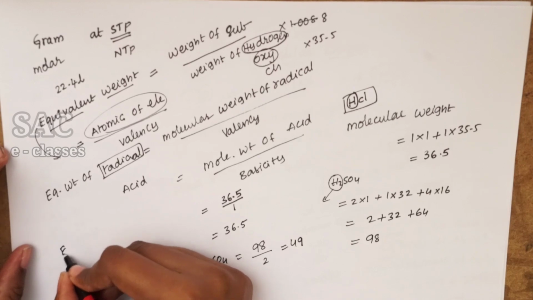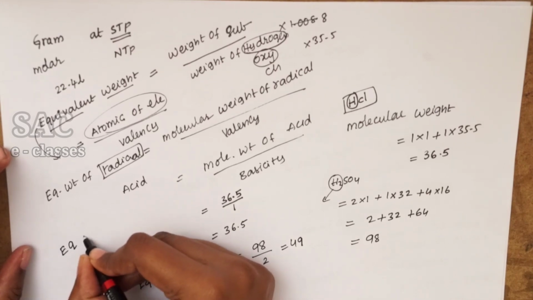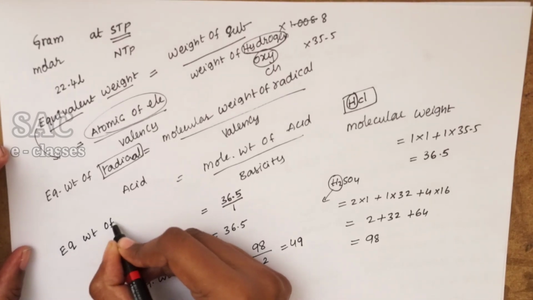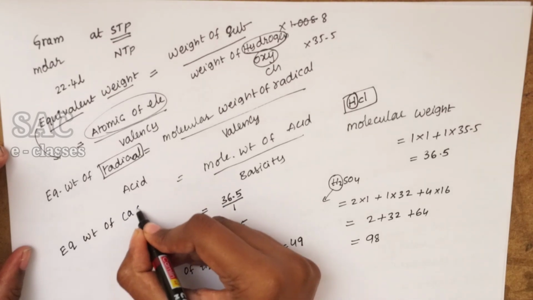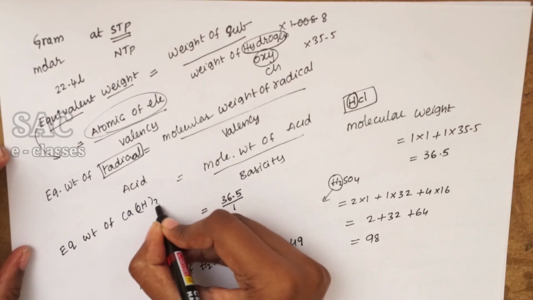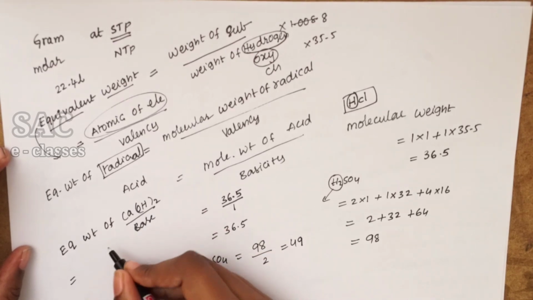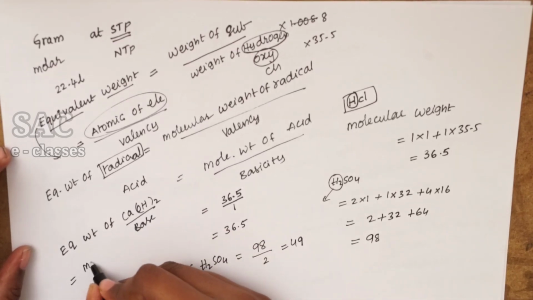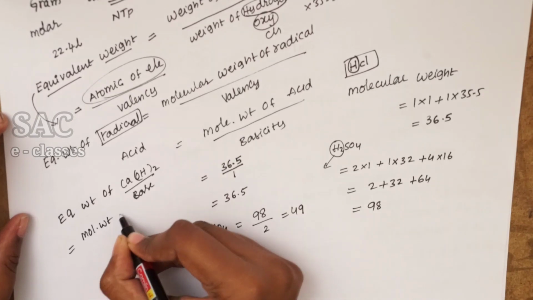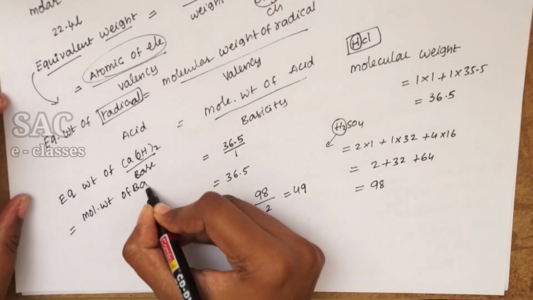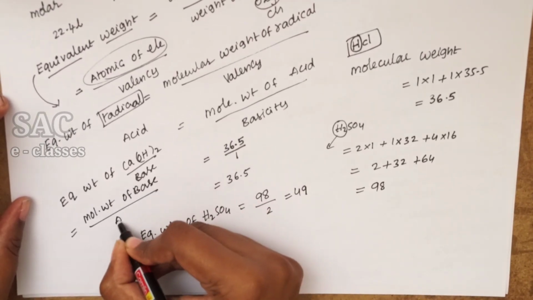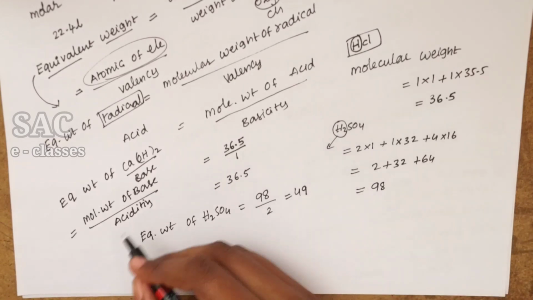If I want to find the equivalent weight of calcium hydroxide, that means it is a base. The equivalent weight of a base is the molecular weight of the base by its acidity.